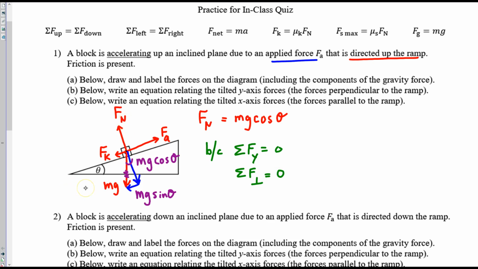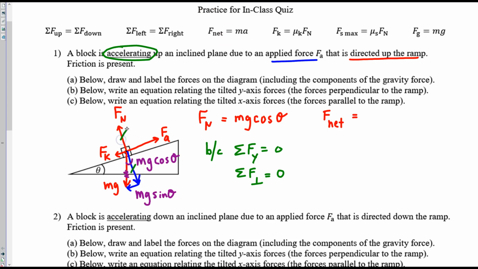On the x-axis, we cannot balance left and right because they say the block is accelerating along the tilted x-axis. So instead, we have to write down what the net force equals. And what does the net force equal? Well, there are 3 forces that don't cancel out.